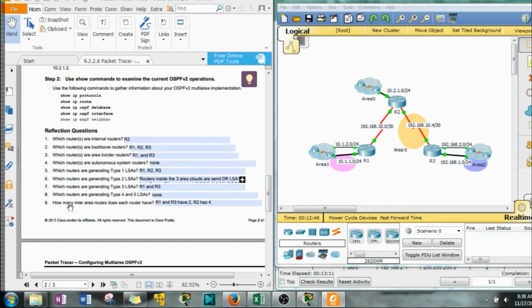Now, which routers are generating type 4 and type 5 link state advertisements? Those are things that come from autonomous system border routers. So those two types of packets are not going to be shared by anyone because none of them are autonomous system border routers.